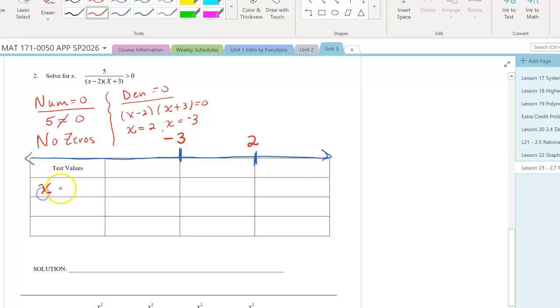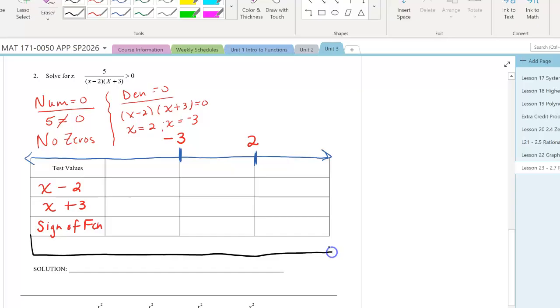So we have x minus 2. We have x plus 3. Then this row will be for the sign of the whole function. And then we're going to add another row to our table. I think I forgot a row here, so we'll just add one. And this will tell us whether it satisfies the inequality, which is greater than 0.